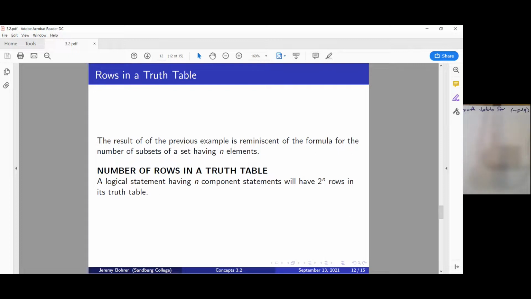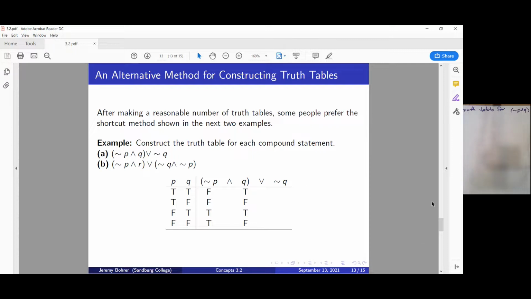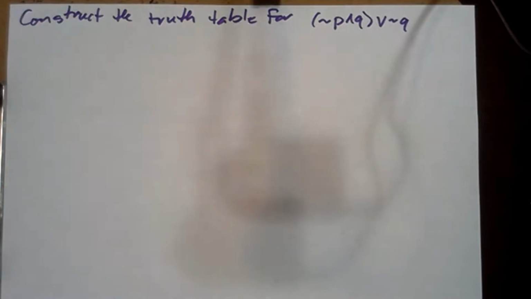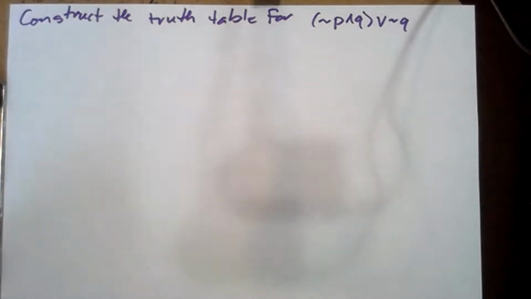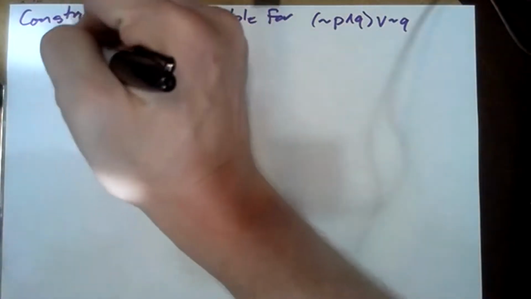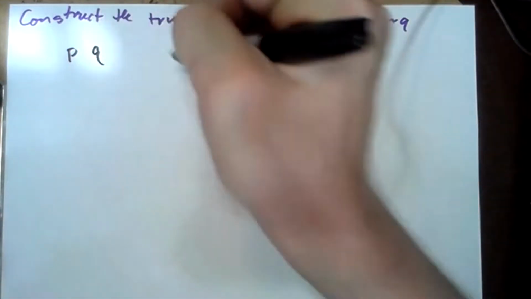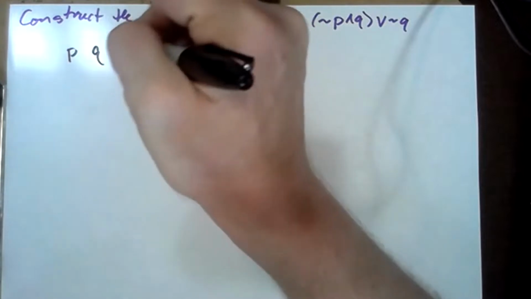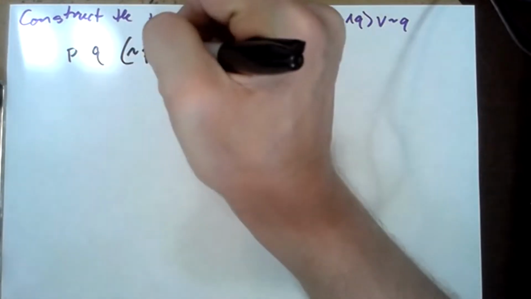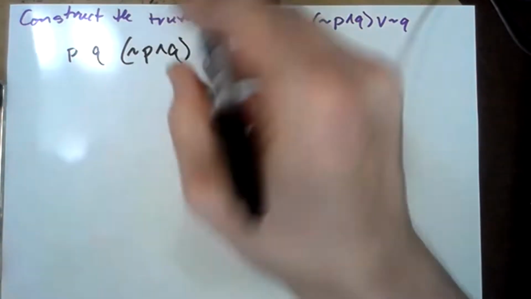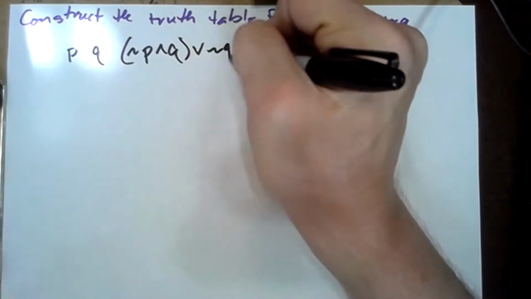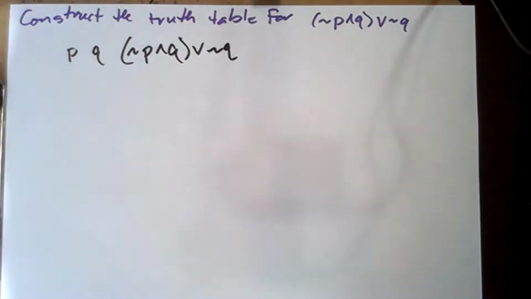Next up. Here we're asked to construct a couple of truth tables. We'll just do those on separate pages. Construct the truth table for not P and Q or not Q. So you've got P, Q, not P and Q, or not Q. And I believe we actually already did this one.